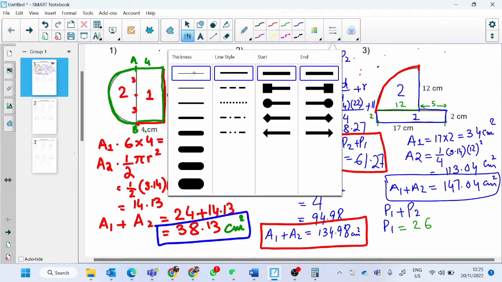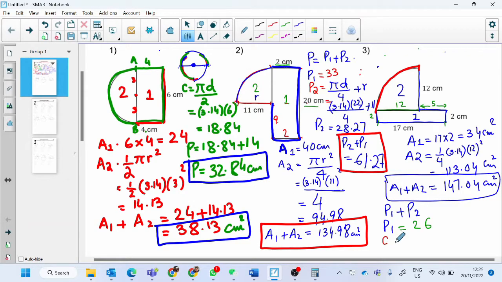The arc length formula, since this is 1/4 of a circle, the circumference is 1/4, and then pi is 3.14, and the diameter, if 12 is the radius, then 24 will be the diameter.